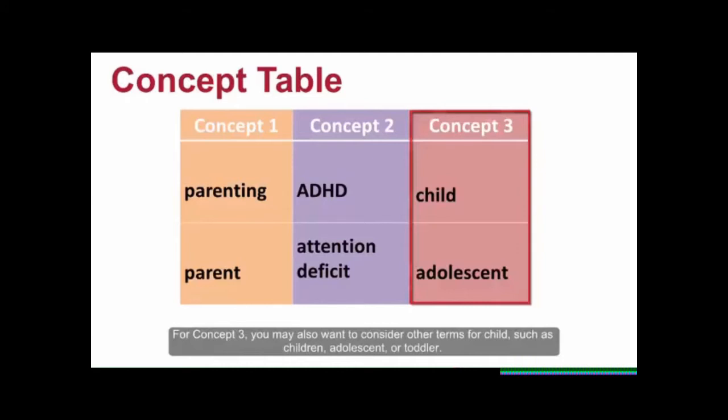Parenting is no different from parent, but when you search that, it makes a difference. So whichever will give you the same hits or the same result, such as with ADHD, another word that is similar would be attention deficit, which is the synonym of that. And then the child can also be the word adolescent. So these are the terminologies, and this is what we do when we sort the concept.